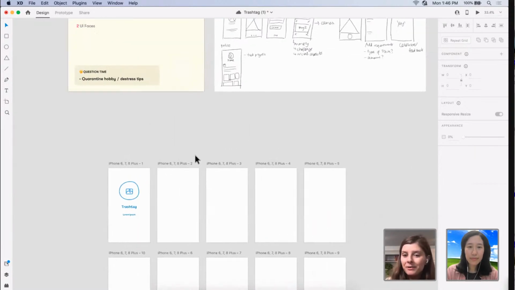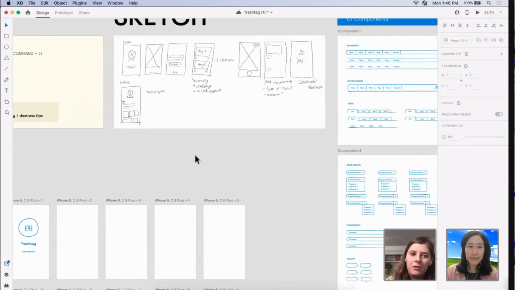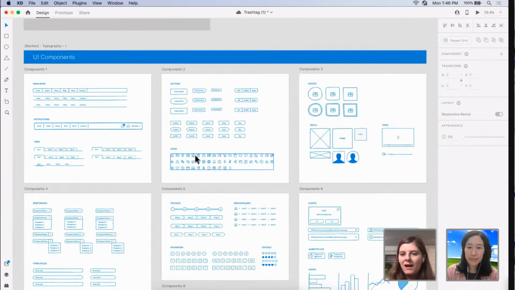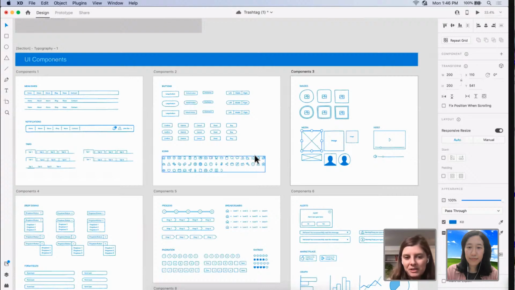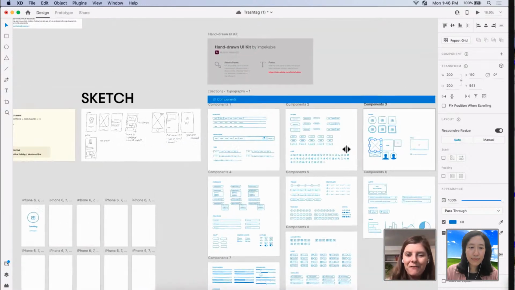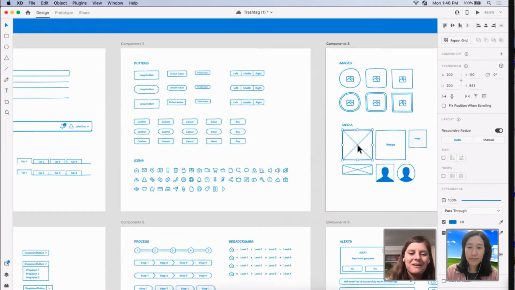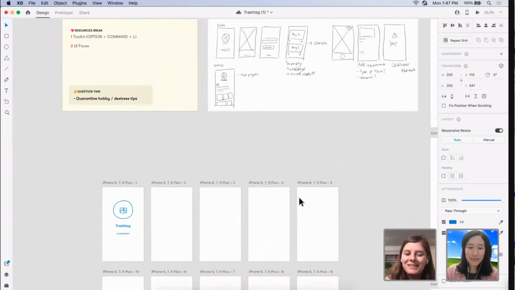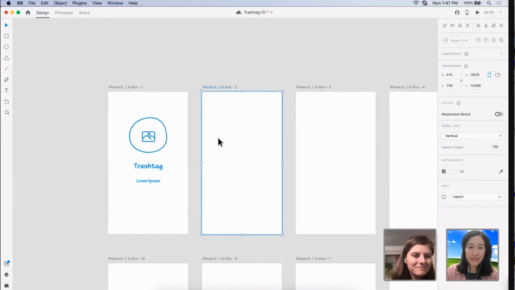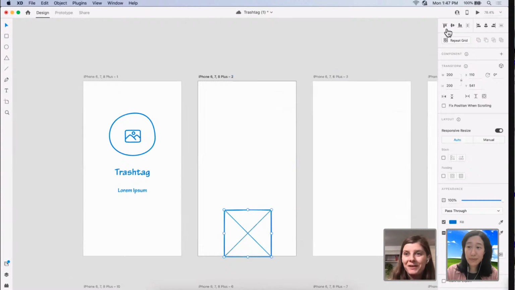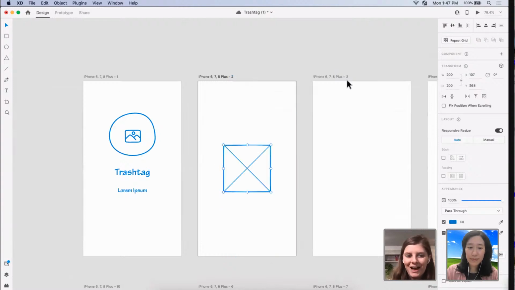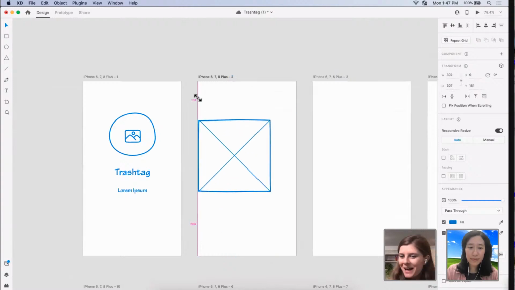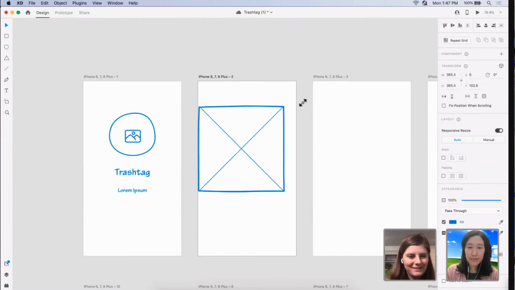And then tomorrow as well, we are going to go into the lo-fi, hi-fi fidelity prototyping aspect of Trashtag. So stay tuned if you've enjoyed this today. I'm sure you'll enjoy tomorrow. And if you have any last minute questions for us, let us know in the chat. Again, we have a few minutes left, so we'll be able to answer them for you.